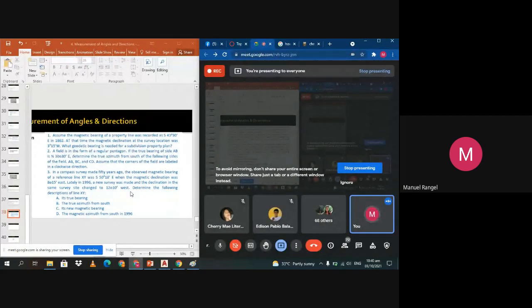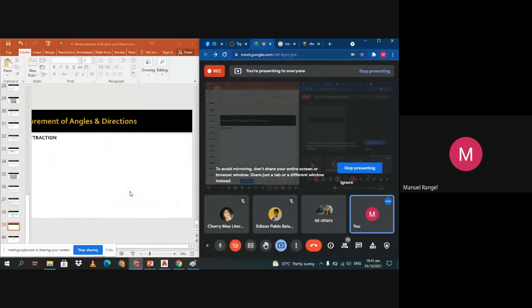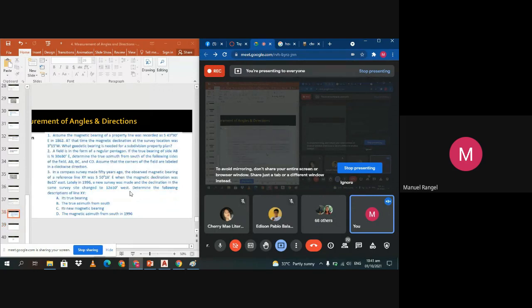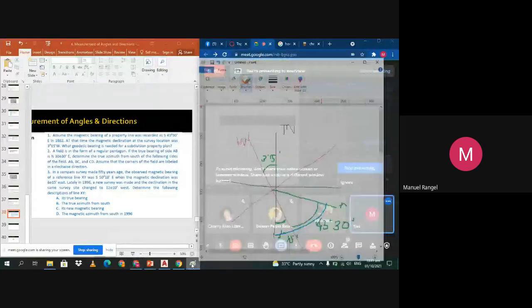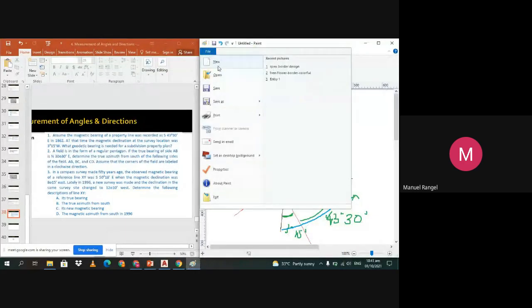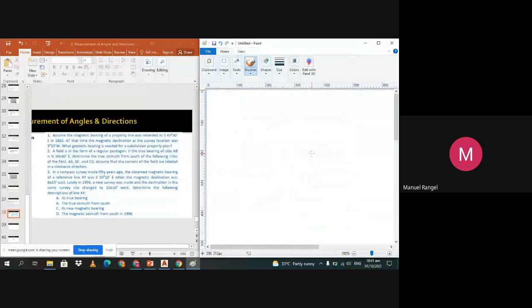Okay, for number 2, a field in the form of a regular pentagon.